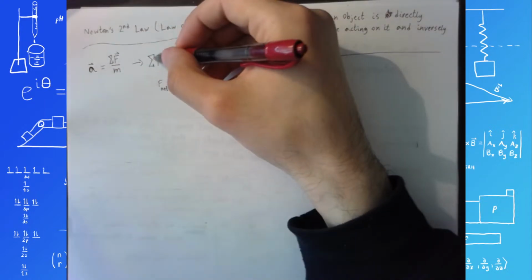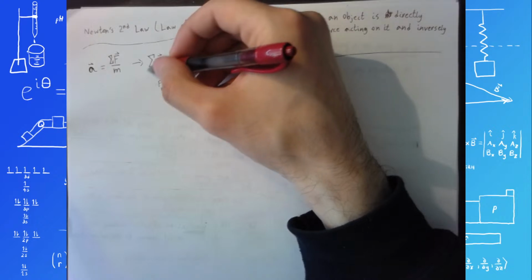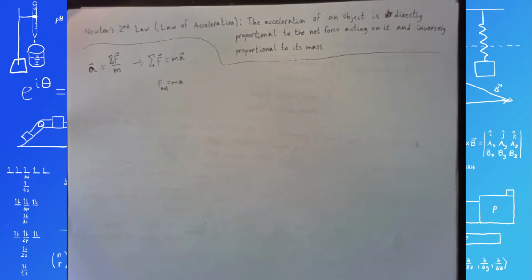So if you're not confident about your ability to write the capital sigma symbol, you're going to need to learn it eventually, because most students doing physics are probably taking calculus or going to take calculus.